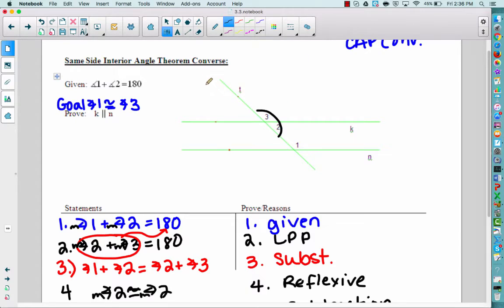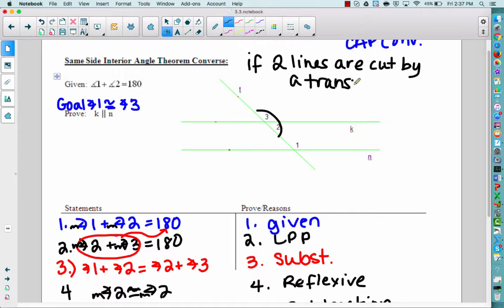All right, so now that just proves for us the same side interior angle theorem converse, which says if two lines are cut by a transversal and same side interior angles are congruent, guess what?